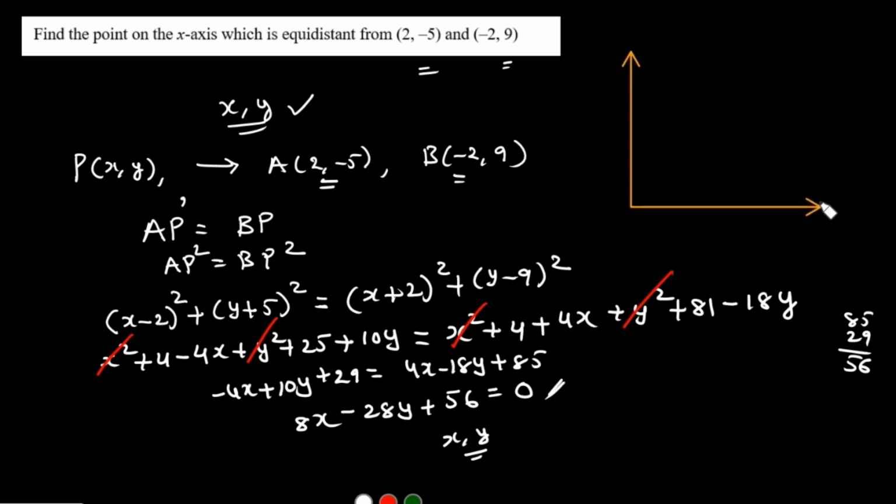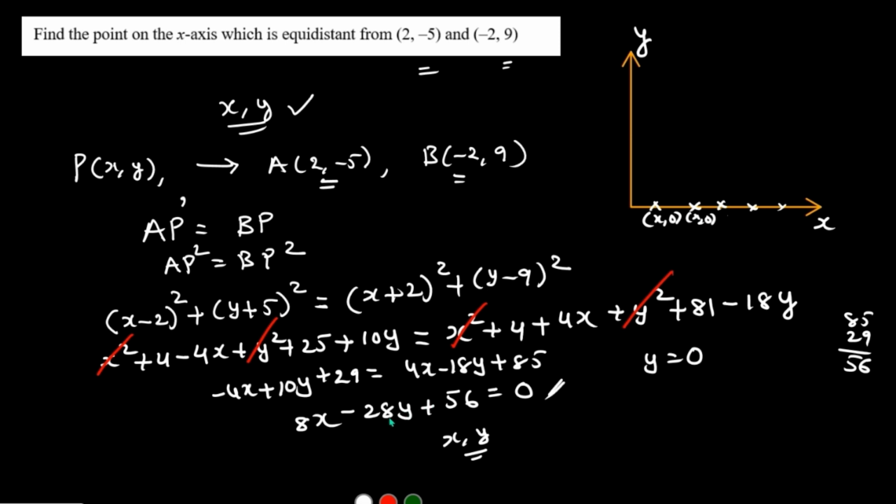If you take the coordinate axes x and y, any point on the x-axis has y coordinate 0. It becomes like (x1, 0) and (x2, 0). So for points lying on the x-axis, the y distance is 0. That's why the condition here is y equal to 0.